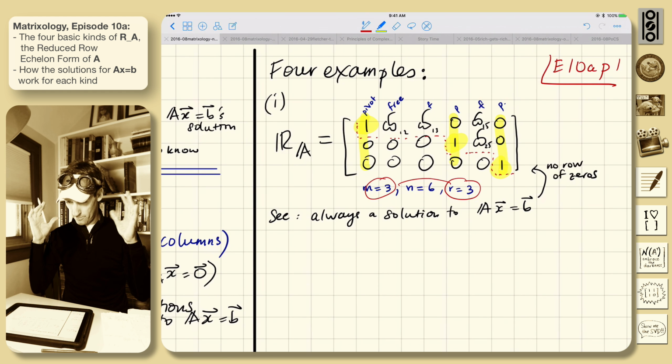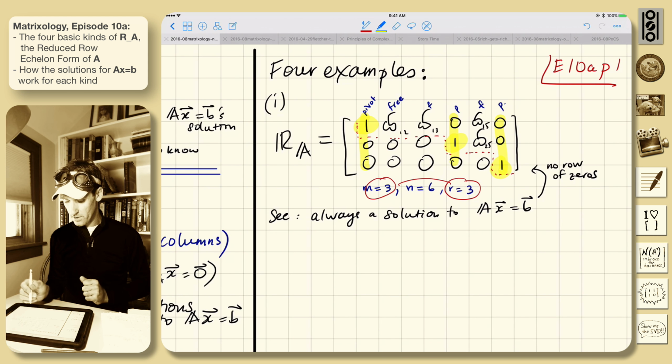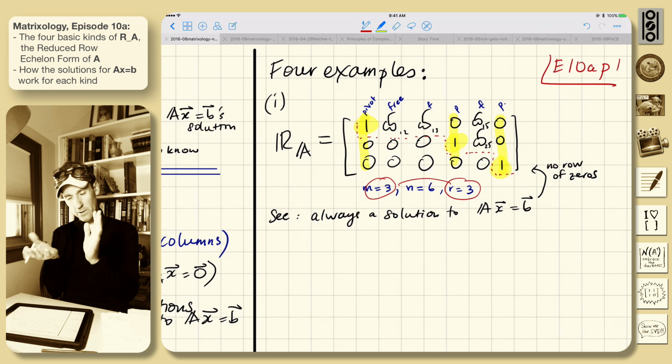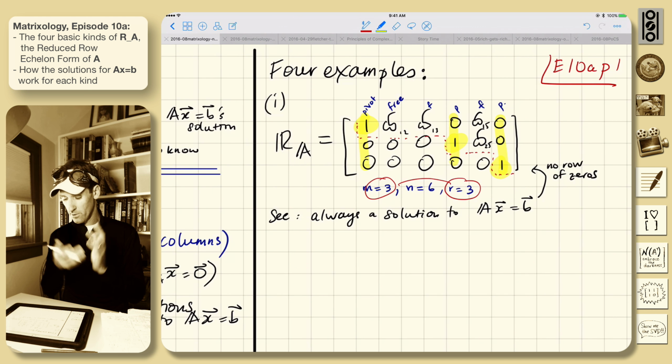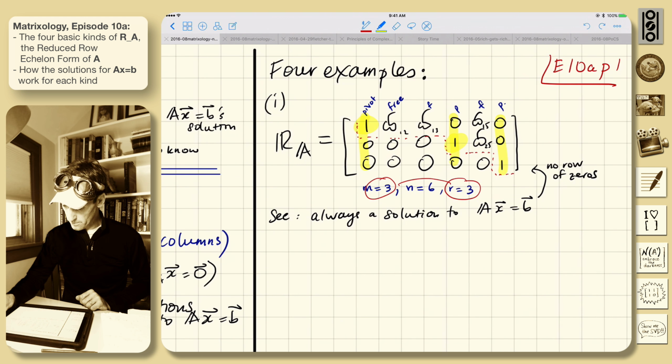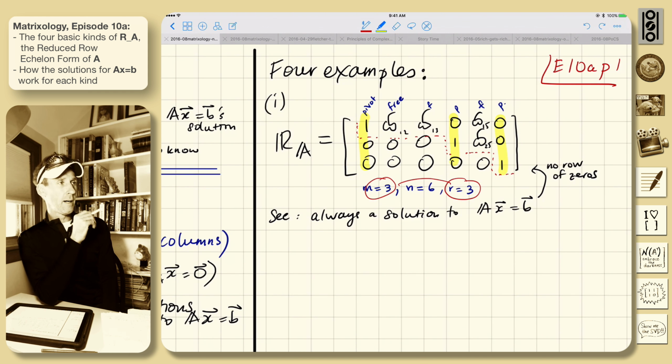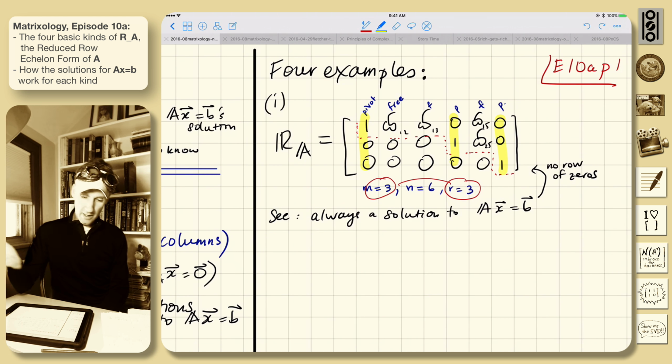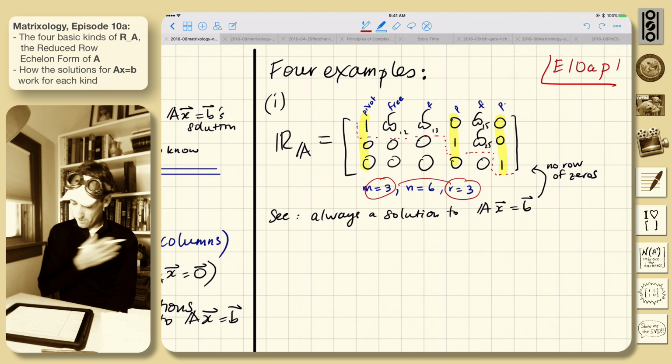So you could put them together, make a square matrix, and that means that the number of pivots will be the number of rows that are non-zero. Right. So if that is equal to the overall number of rows, then there's no way you can have a row full of zeros. You always have a solution.